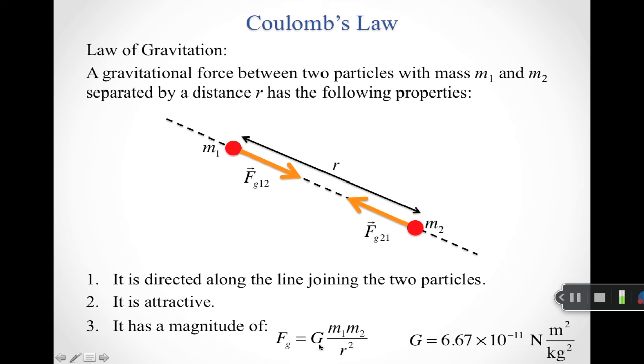And one of the things that we talk about all the time with gravitation is that big G is such a small number, 10 to the -11. This is another way of saying basically 66.7 billionths. So this is a tiny number.